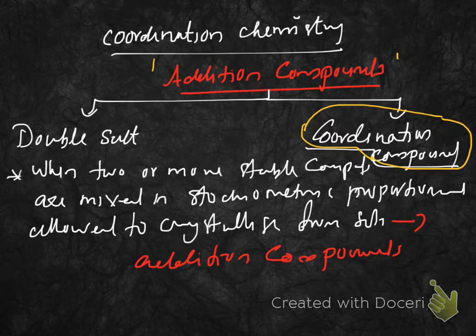combination of two or more stable compounds in their stoichiometric proportion. They can be prepared by mixing two or more stable compounds in stoichiometric proportion and allowing them to stand for a long time so that they can crystallize to form addition compounds.